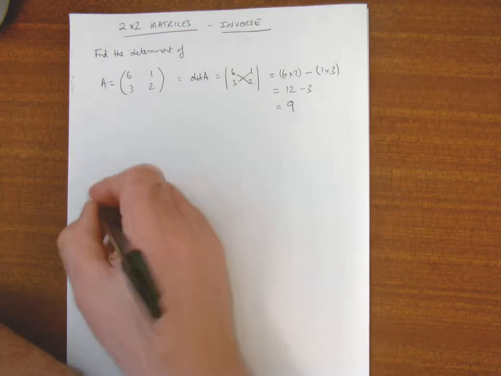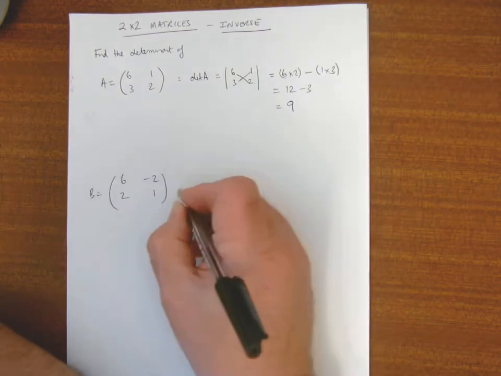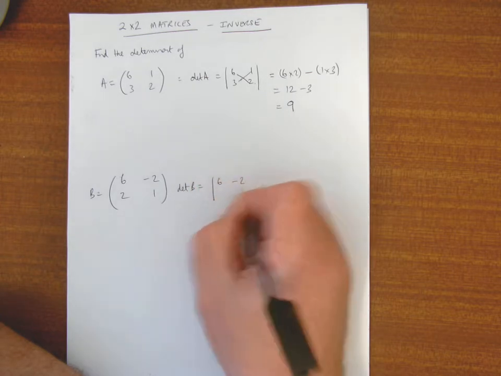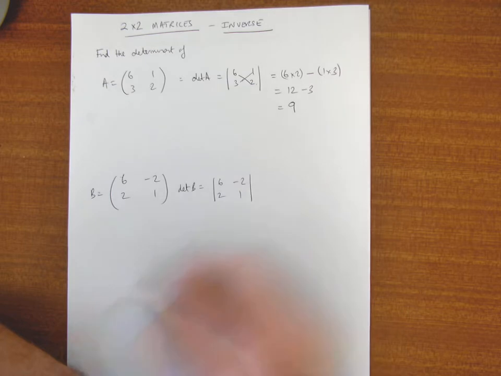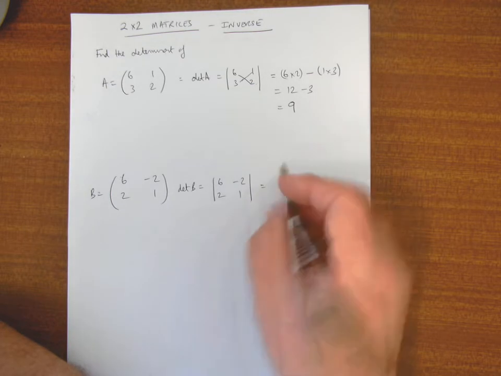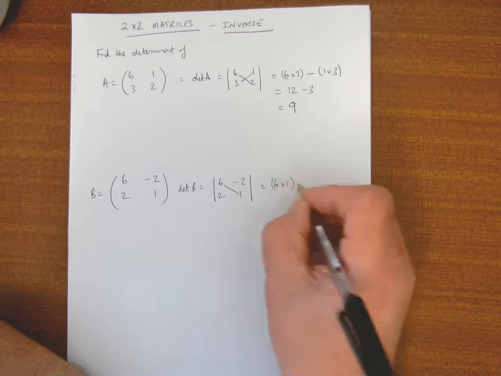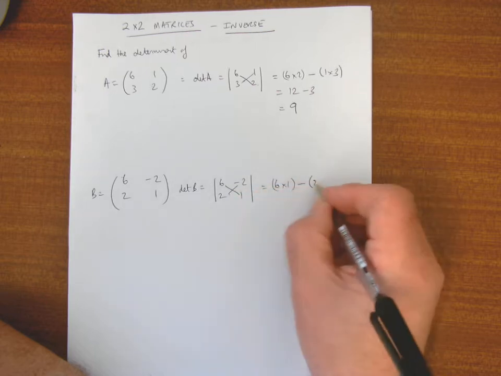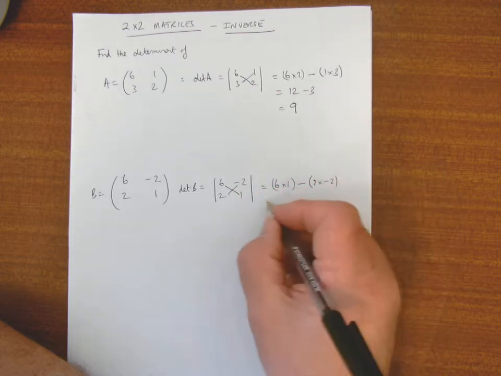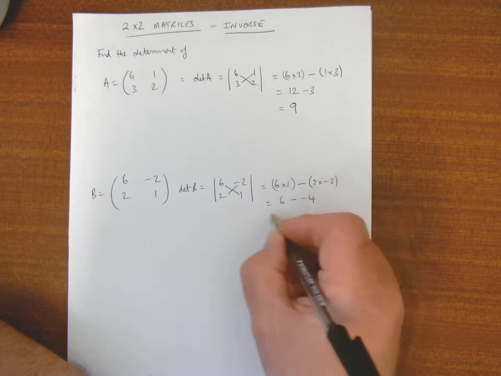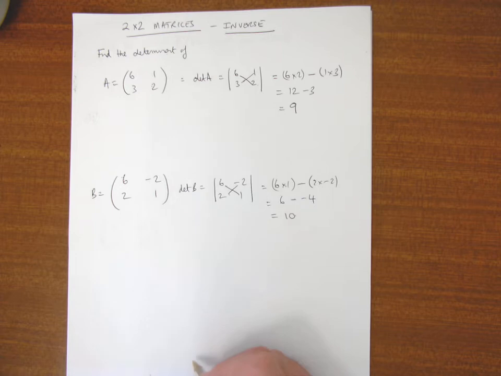Second one, same here, that's B, and the determinant of B is that, and to find that determinant is the leading, so 6 times 1, take away 2 times minus 2, so that's 6, minus 4, which is 10.